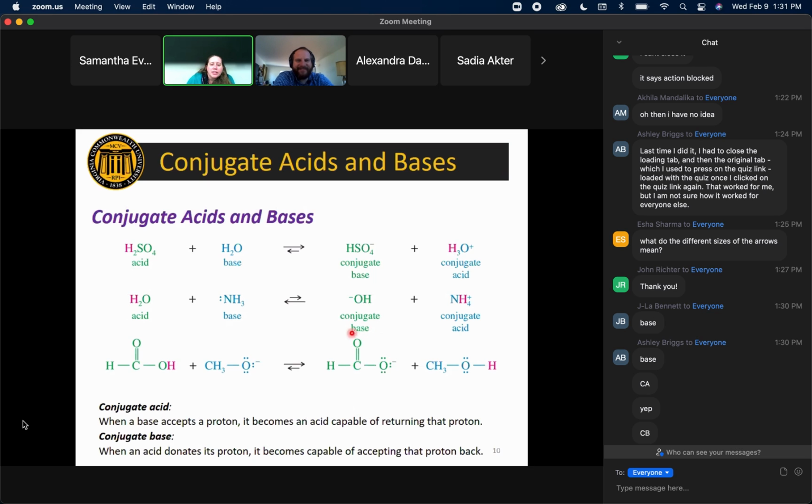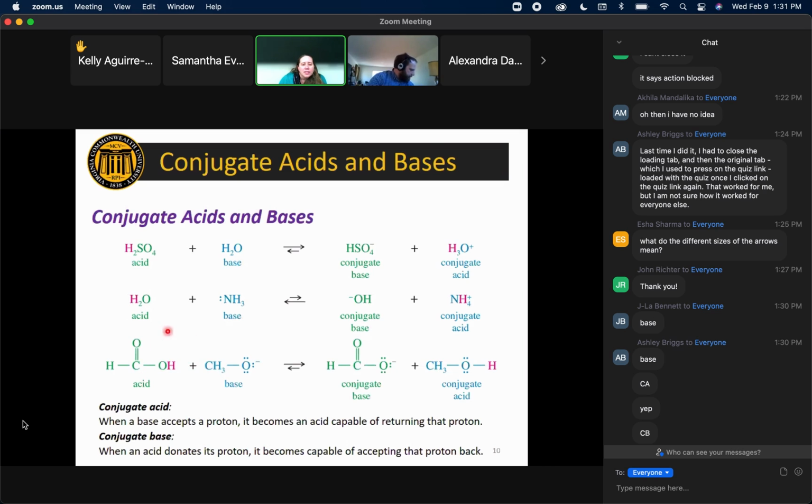Yeah, so this green thing here is called the conjugate base, and the reason is because typically, just by custom, whatever's on the left-hand side we call the acid and the base, and their partner pairs on the right side are called the conjugate acid and conjugate base. So the conjugate base matches up with the acid over here in green. And then of course our blue base, after it gets that proton, will become this blue conjugate acid over here.